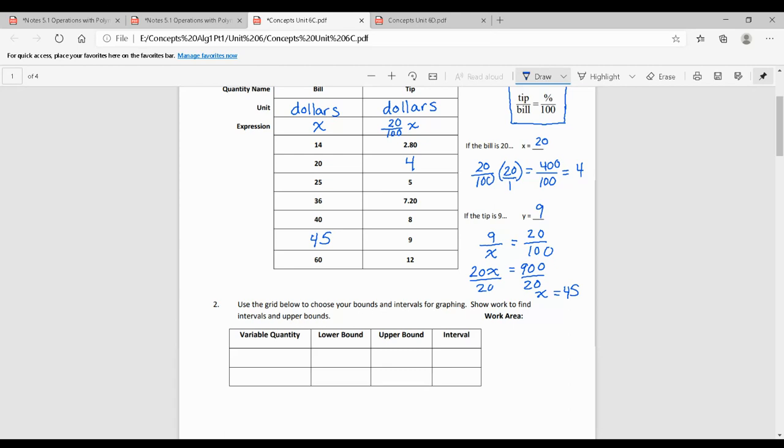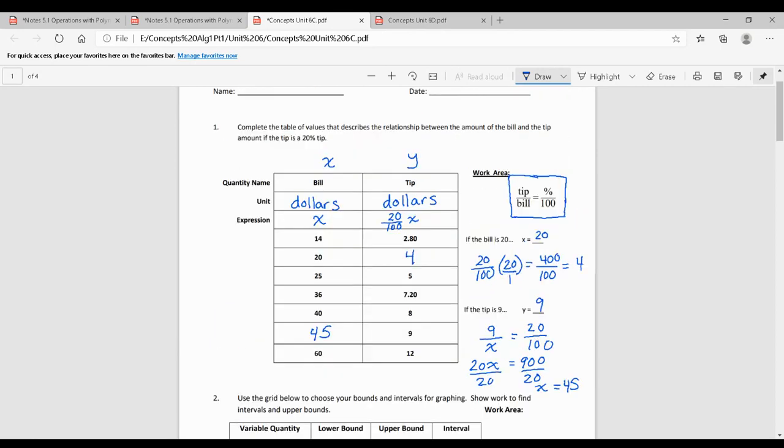Okay, let's see how we did then. So the first part. This is really important that we get this first part right, where it says variable quantity. Am I just writing X and Y? No, bill and tip. We are never just saying X and Y. X and Y can be used for any type of problem in this world. We are specific about this piece of paper. And what are we describing? Exactly. Look at right here, guys.